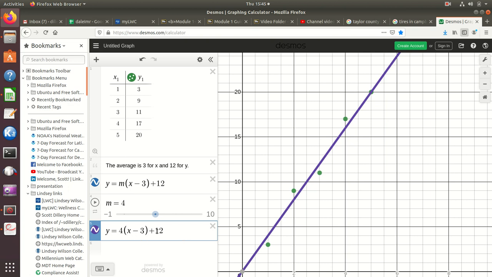So this just looks like y equals 4x, and there it's going through the origin. I didn't mean to make it that way, but it did contain the point (3, 12).